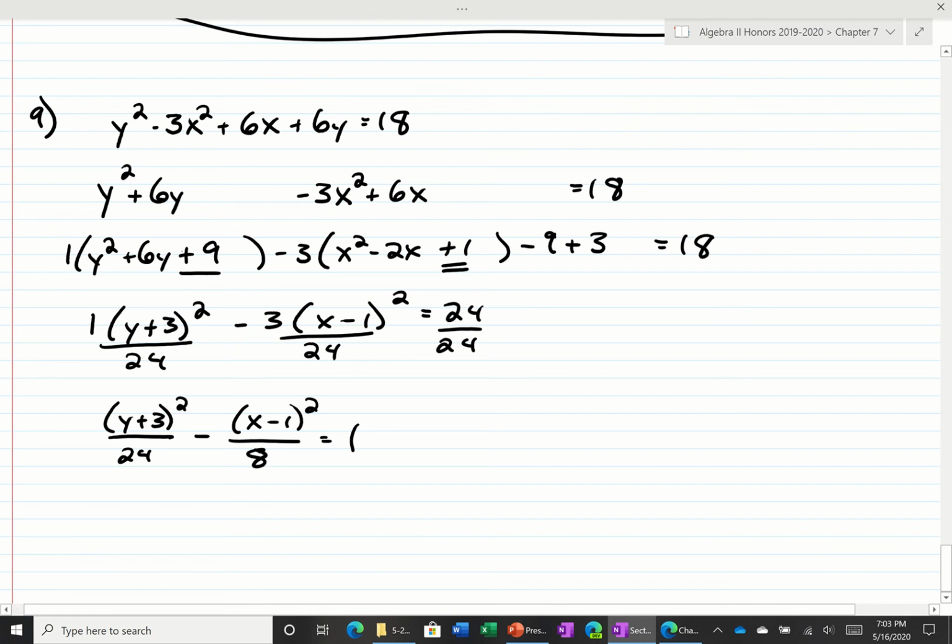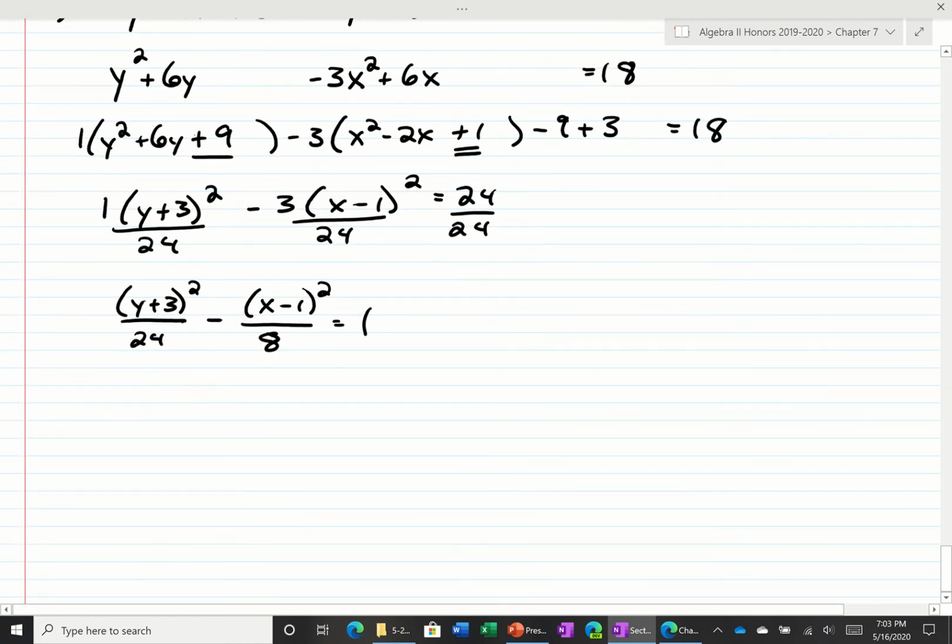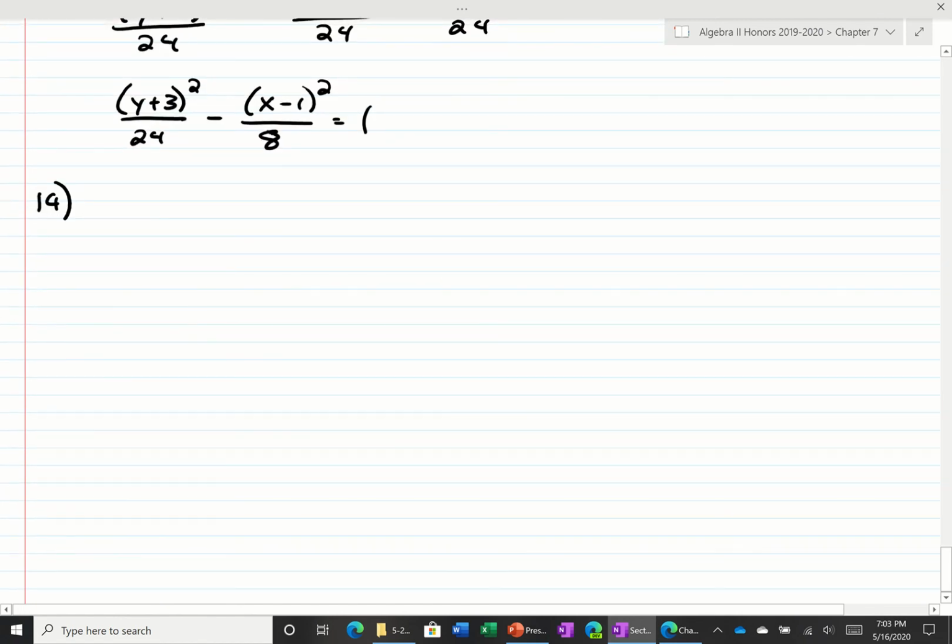13, 14. So 13 is similar. Number 14, we're writing an equation for a graph. It's a little bit different. The graph looks like this and like this. Well, that's a terrible branch. Something like this. We have vertices and we have foci.